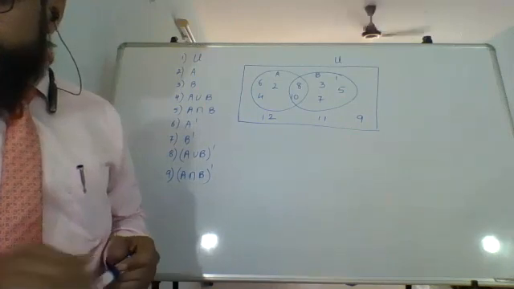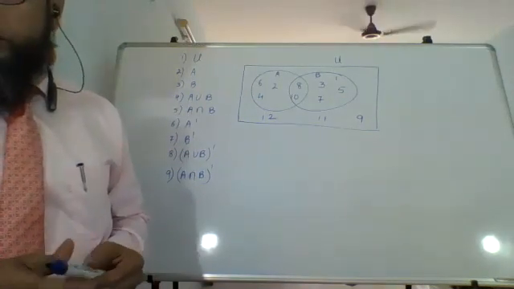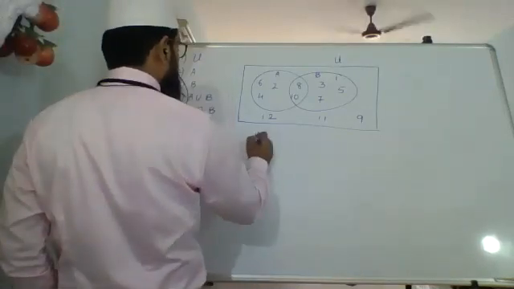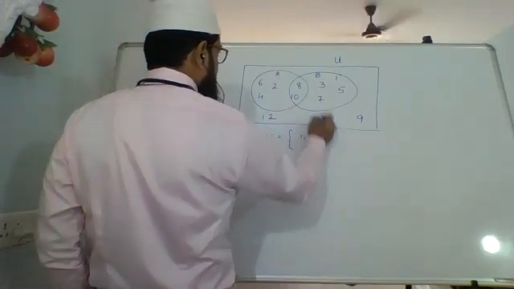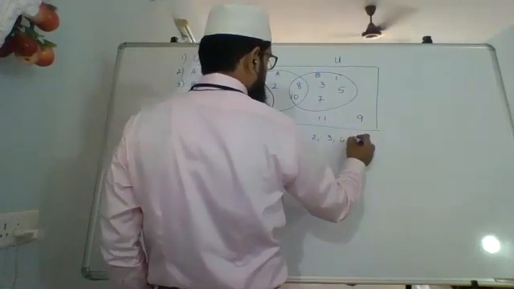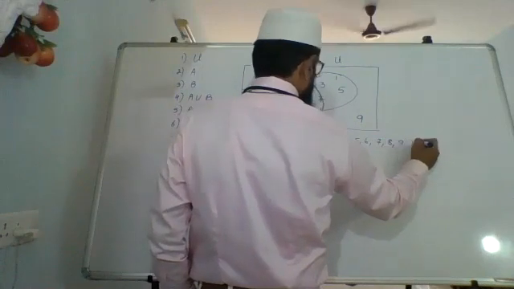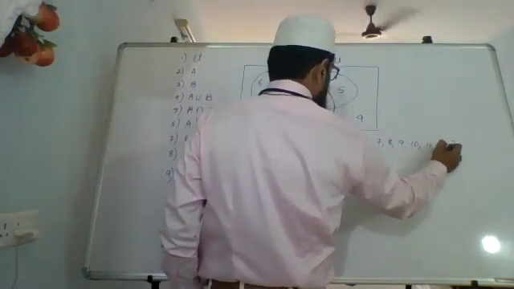I'll show you all some. Let's see, check whether you all have got this. Okay, let's see if you all have got the same thing. First one is U, that is the universal set that contains everything in the rectangle, right up till 12.